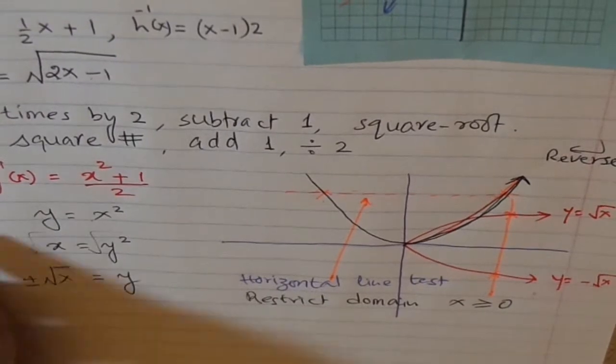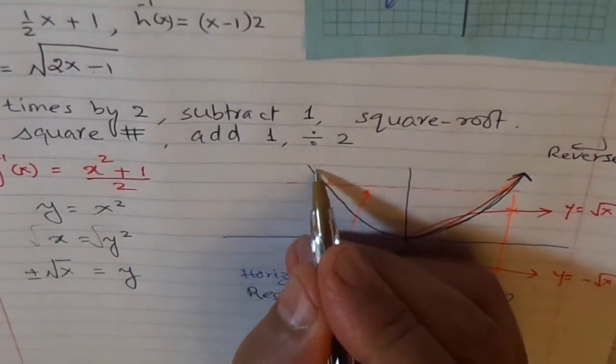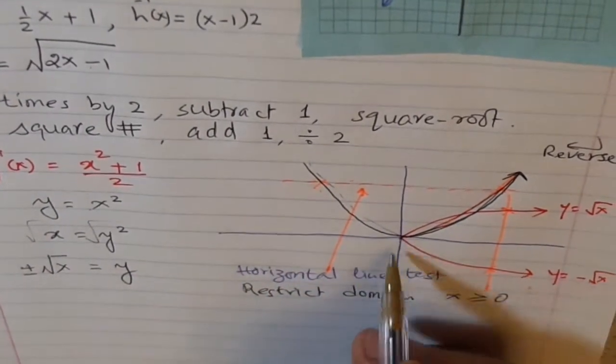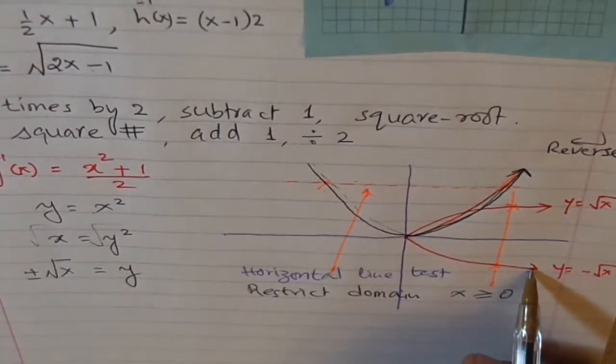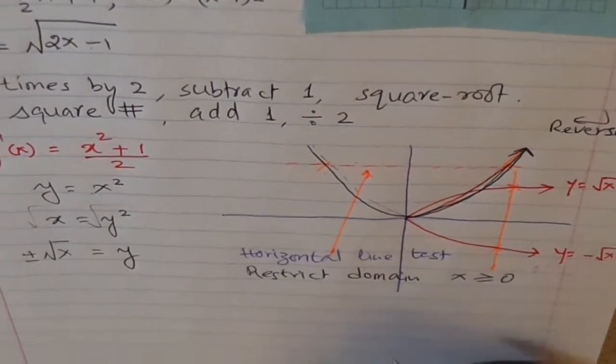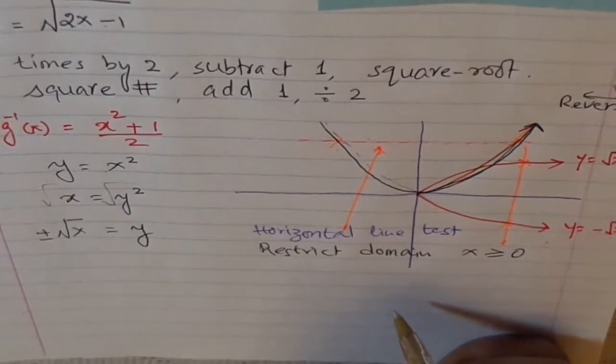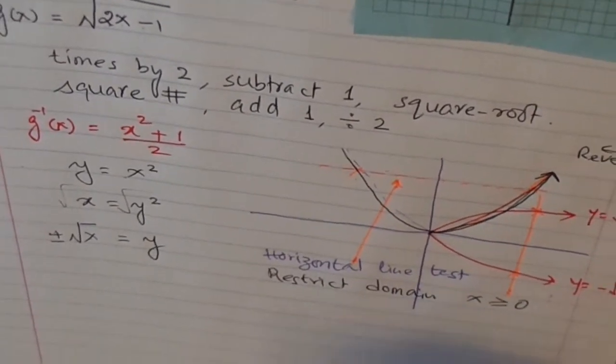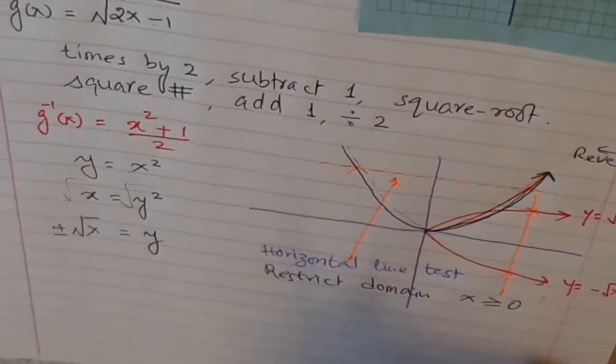We could have considered that half also. In that case, this will be the inverse of the function. So restricting the domain helps us to ensure that the inverse is also a function. Inverse is a very important operation.